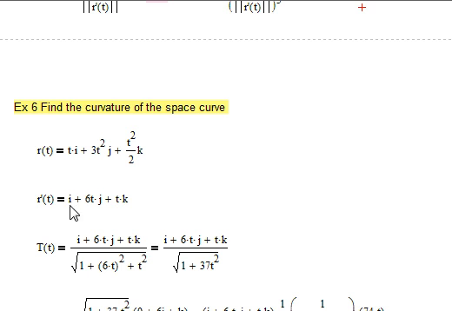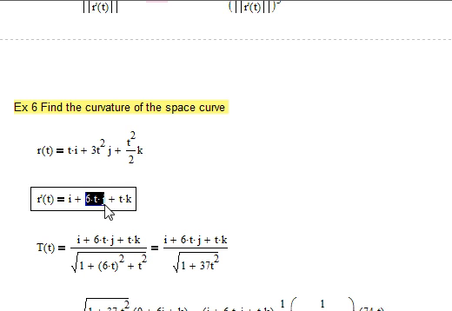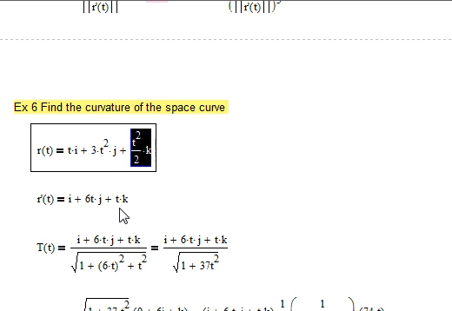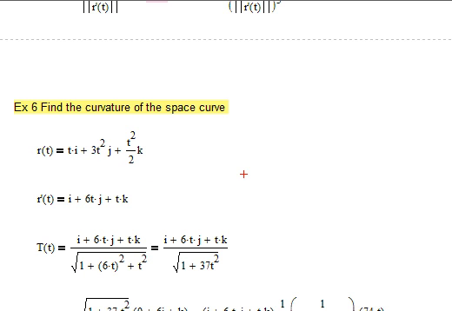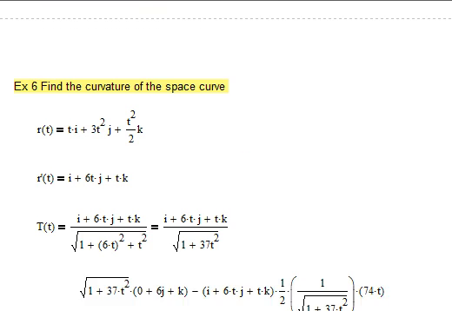And so the first thing to do is find r prime of t. That's 1 times i, the derivative of this would be 6t j, the derivative of this would be t k. So we've got r prime. If we wanted the length of r prime, we have to find the length of this vector, which is the square root of 1 squared plus 6t squared plus t squared.